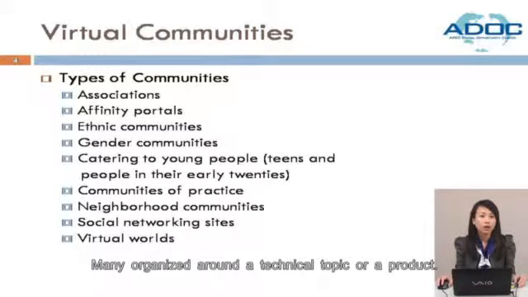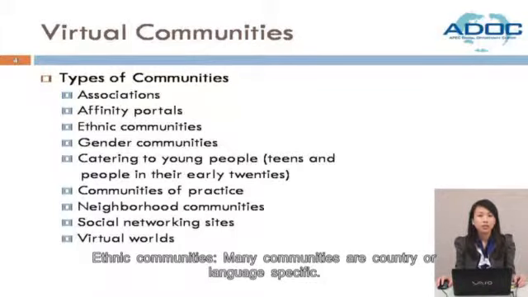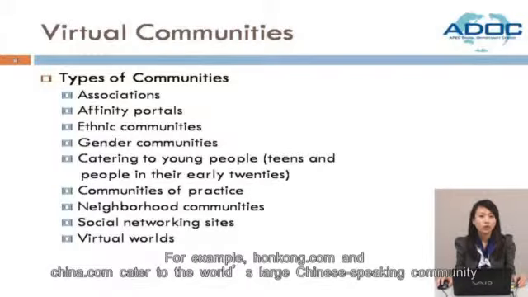Many are organized around a technical topic or a product. Ethnic communities. Many communities are country or language specific. For example, HongKong.com and China.com cater to the world's largest Chinese-speaking community.